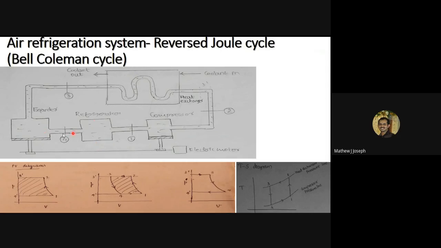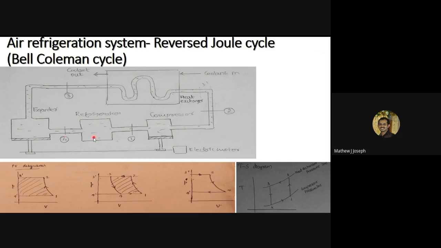Again, it will be admitted to the refrigerator. Since the air now has a lower temperature than the refrigerator space, after admitting it to the refrigerator, it can again absorb heat from the refrigerator. It will be again admitted to the compressor, and the cycle will continue like that.